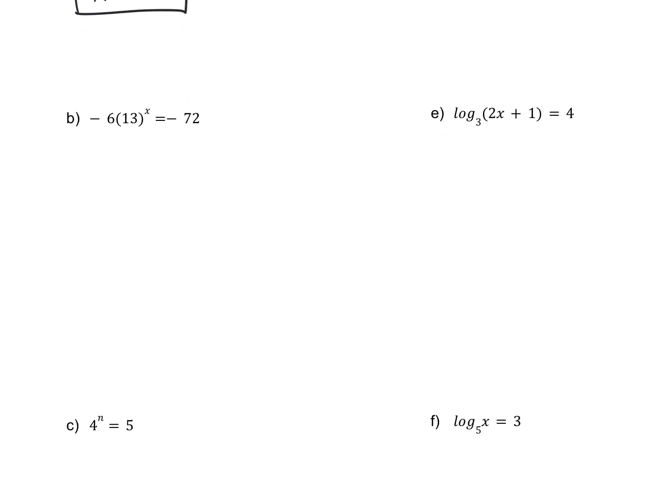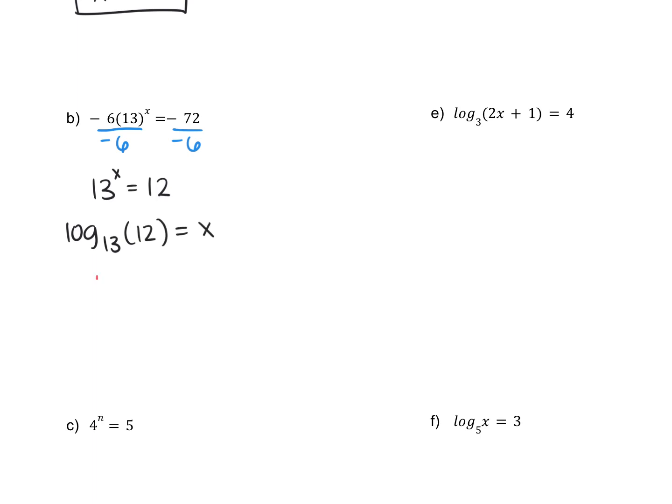For B, we have -6 times 13 to the x equals -72. So the first thing I have to do is get rid of that -6 by dividing both sides by -6. So we end up with 13 to the x equals 12. Converting to a logarithm, we get log base 13 of 12 equals x.